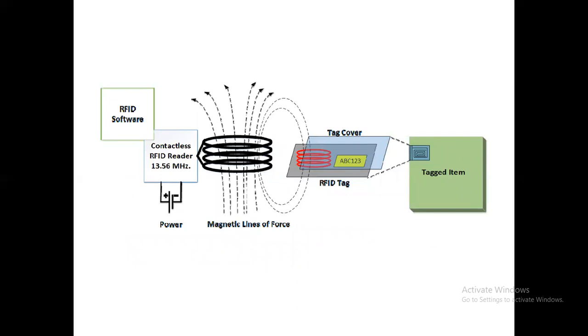The magnetic lines are giving some force to these tags, and the data is made available. The tagged items are present in some area that is covered. The RFID tag and the RFID reader work at 13.56 megahertz.